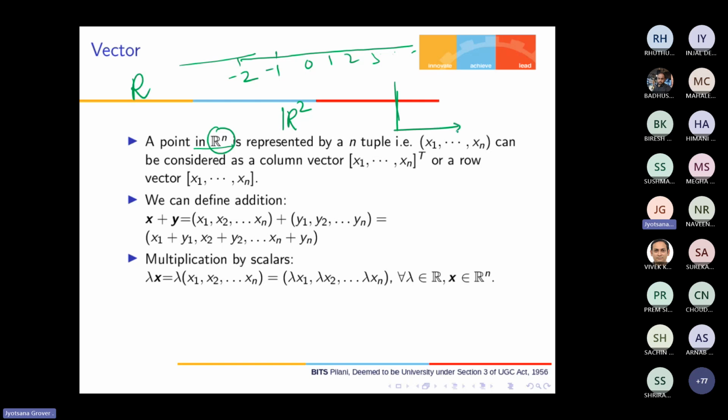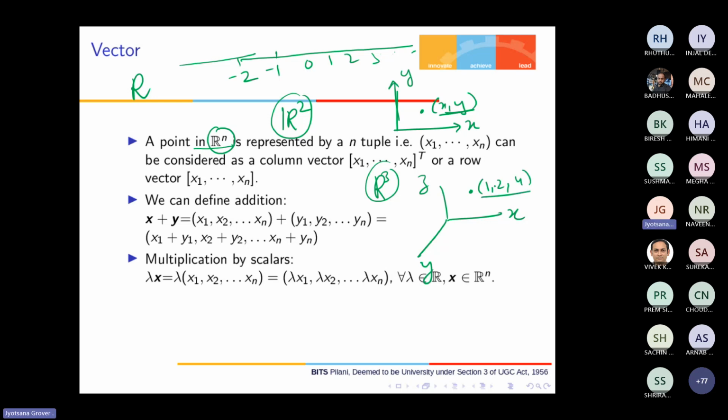Any point has two values, X and Y, so it belongs to the R2 plane. Now, if n is 3, you have R3, the three-dimensional X, Y, Z. So any point, say 1, 2, 4, is a point in R3. It belongs to R3.